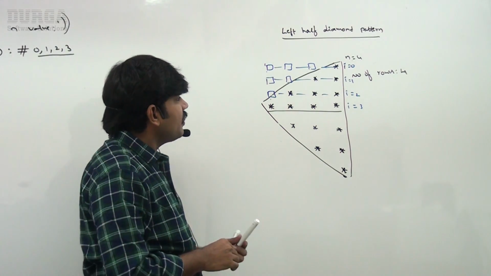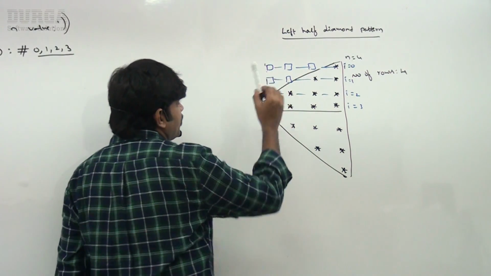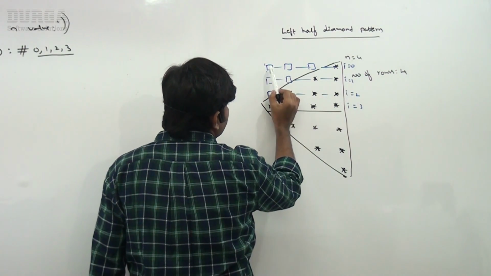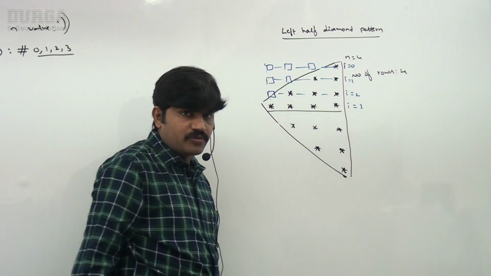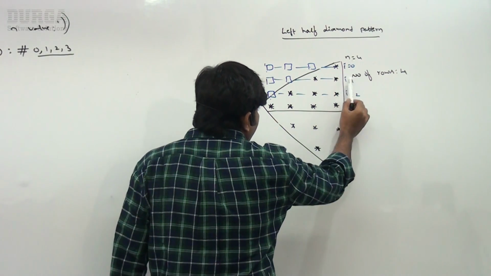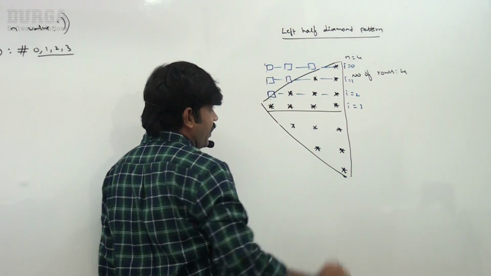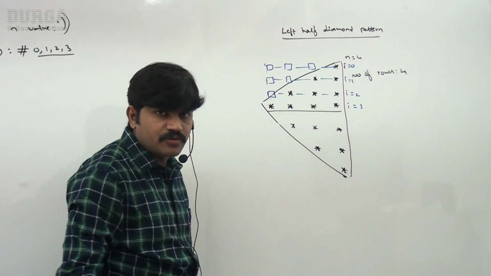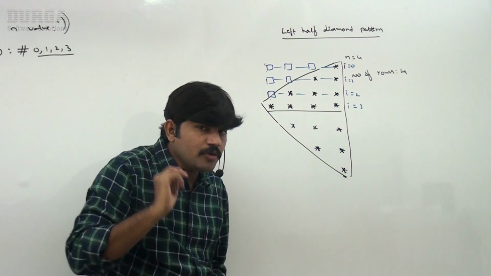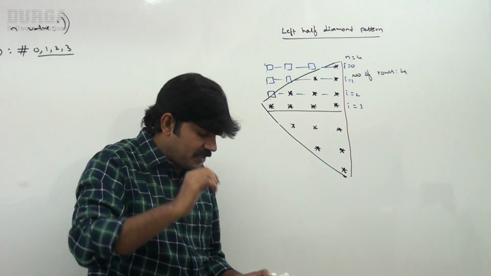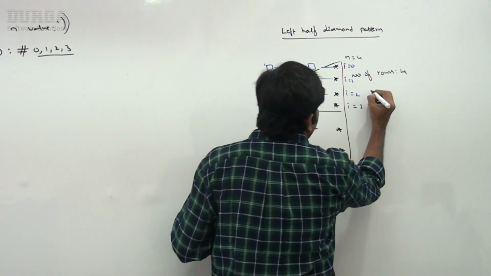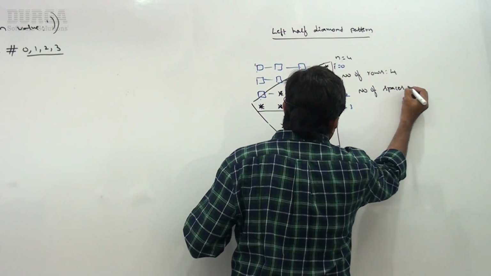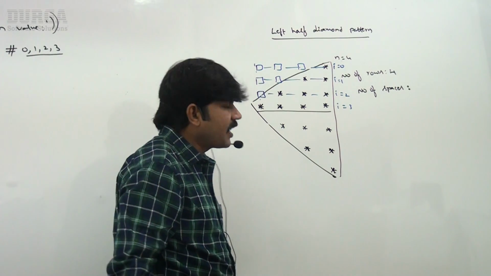Correct, right? So in the first one, how many spaces are there? Observe that. If n is equal to 4, i is equal to 0, 3 spaces I have to take. n is equal to 4, i is equal to 1 means 2 spaces. n is equal to 4, i is equal to 2 means 1 space. Can you please spell out the number of spaces? Instead of stars, how many spaces do I have to take, sir?